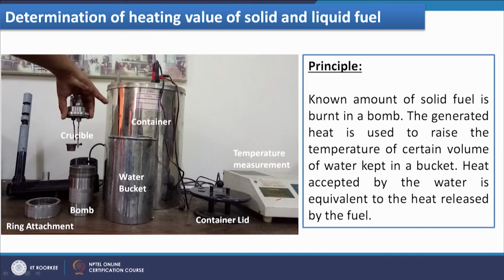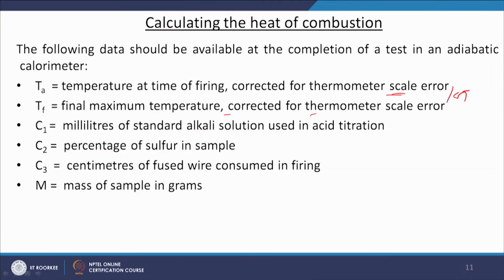That will also add some amount of heat to the total heat taken up by the water, and some nitric acid can also be formed, and some heat is generated due to the formation of these acids. We need to correct for this contribution to calculate the exact heating value of the material. So, we will get the parameters C1, C2, C3. What are those parameters? C1 is the milliliters of standard alkali solution used in acid titration.